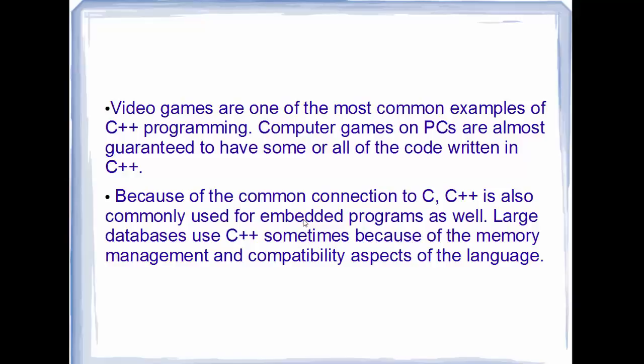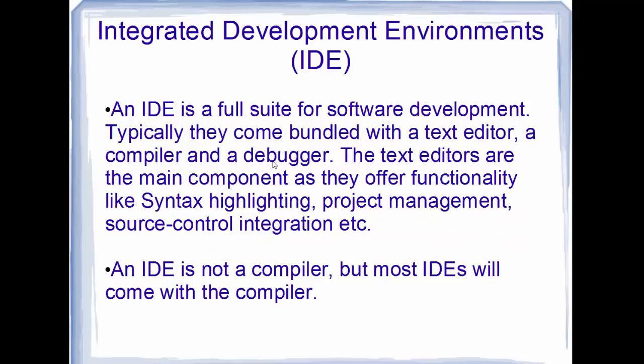Now, to edit or write a C++ program, you want to have software called an IDE. IDE stands for Integrated Development Environment, and an IDE is a full suite for software development.